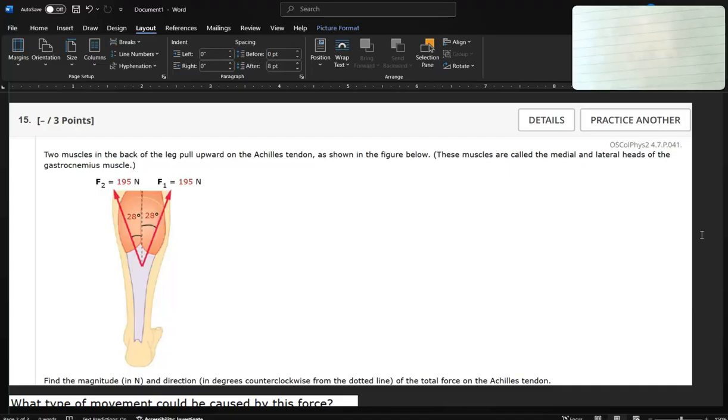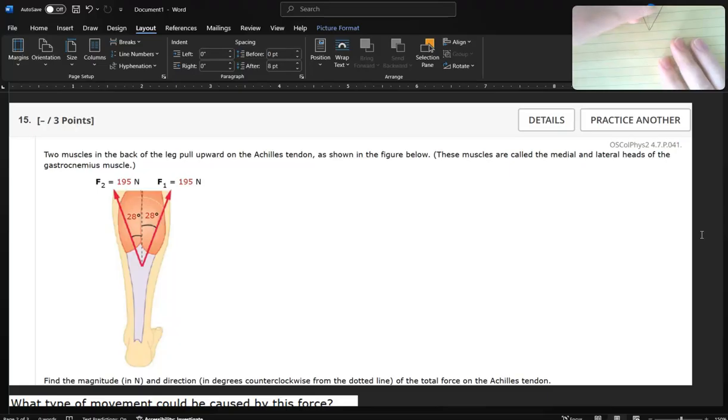We have F2 is 195 newtons, 28 degrees west of north, and F1 is 195 newtons, 28 degrees east of north. When we look at the components of these forces, there's going to be a vertical and horizontal component to each.